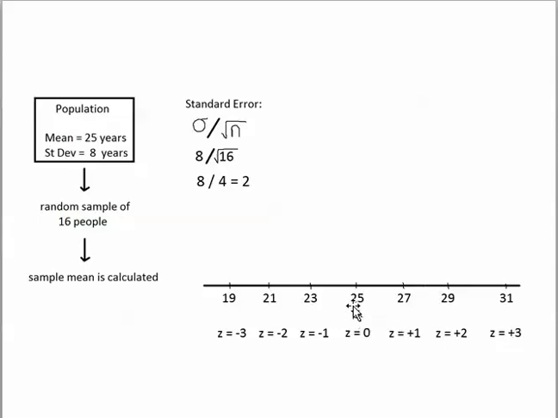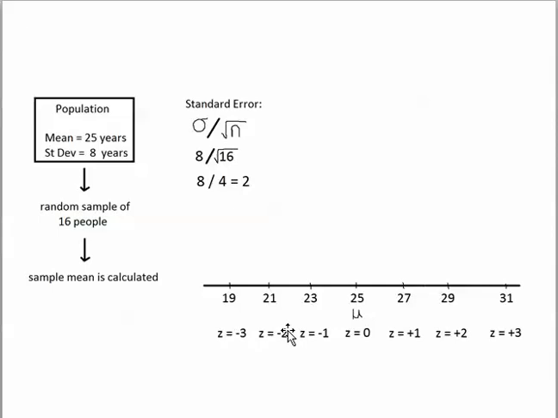If you start at the population mean of 25, which has a z-score of 0, and you go down one standard error, which in this case is going down by 2, you get to -1. If you go down one standard error again by 2, you get to -2. And if you go down one more standard error, you get to -3.